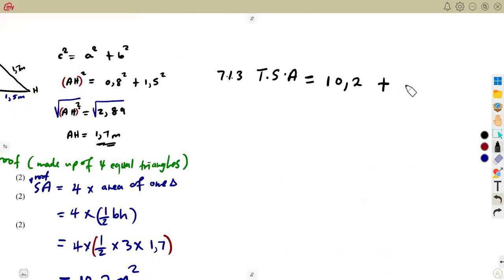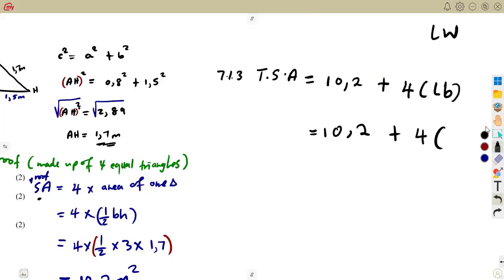So we are going to multiply 4 times the area of each rectangle, length times width. There are 4 rectangles to be taken into consideration. Add to the one that you had in the first box. You need the whole of it, the total surface area. This one was the surface area of the roof, so you must add to that one.